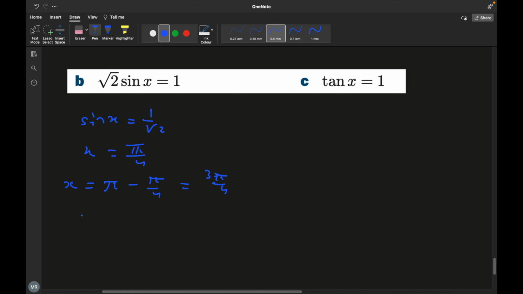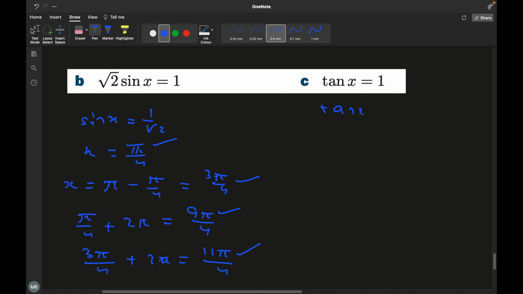Our third value is pi by 4 plus 2 pi, which is going to be 9 pi by 4. And the fourth answer would be 3 pi by 4 plus 2 pi, which is going to be 11 pi by 4. Okay, this is the first, second, third, fourth.